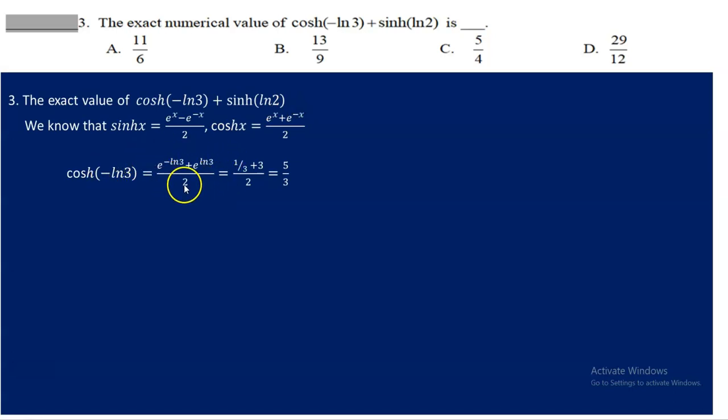Then this is divided by 2. As you know from logarithmic expressions, e to the power of minus ln 3 is the same as e to the power of ln 3 to the power of minus 1, guys. So 3 to the power of minus 1.